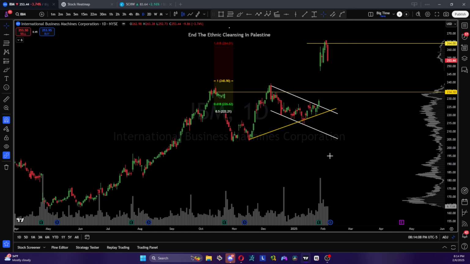Now, if you look at the strikes over here, you could figure out what the max profit is. It's the difference of the strikes. So, wow, I'm blanking out here, man. Sorry.